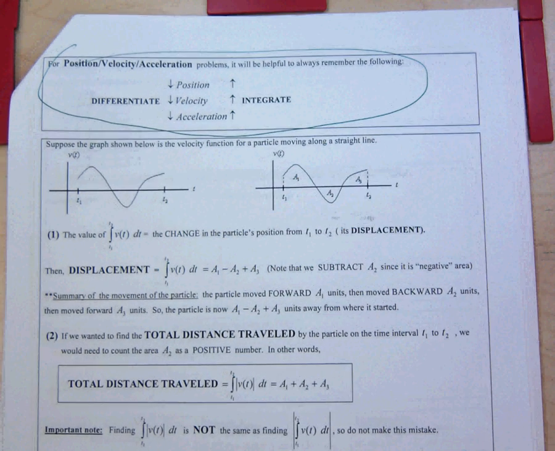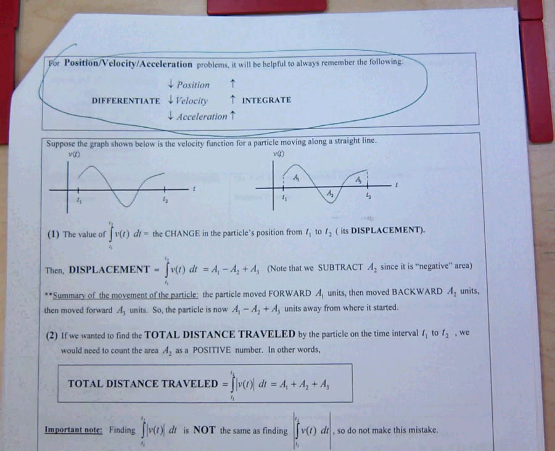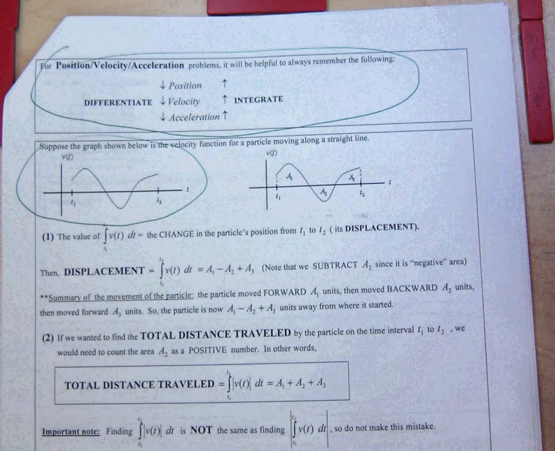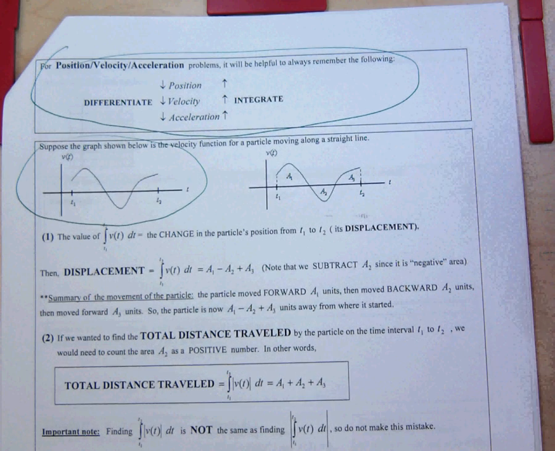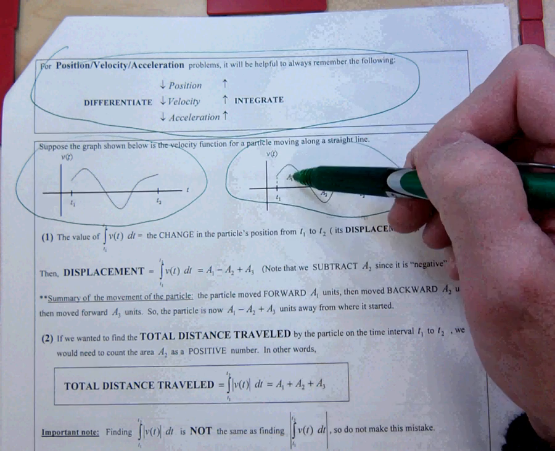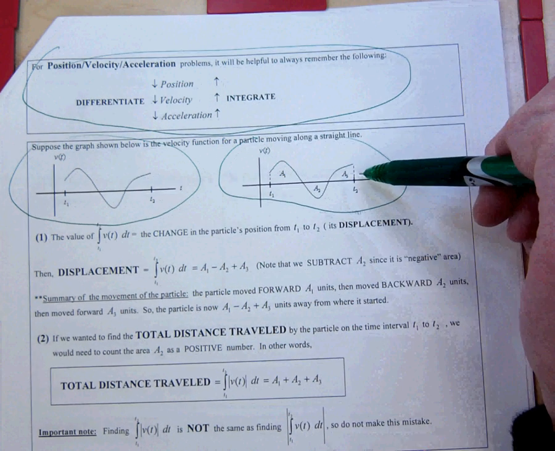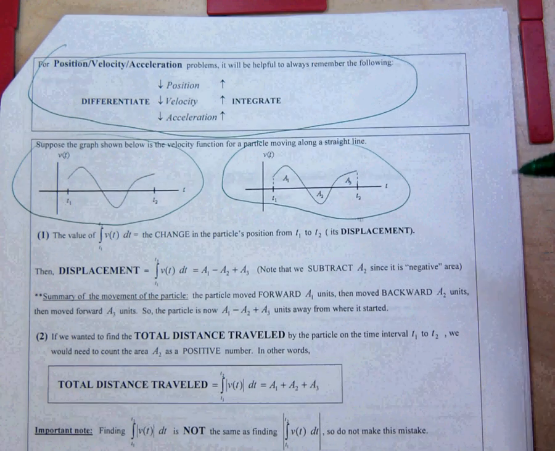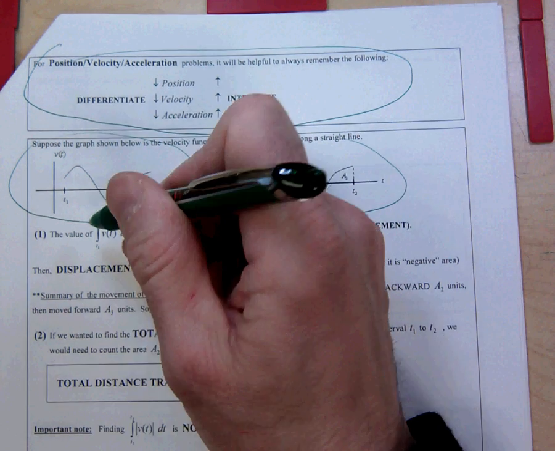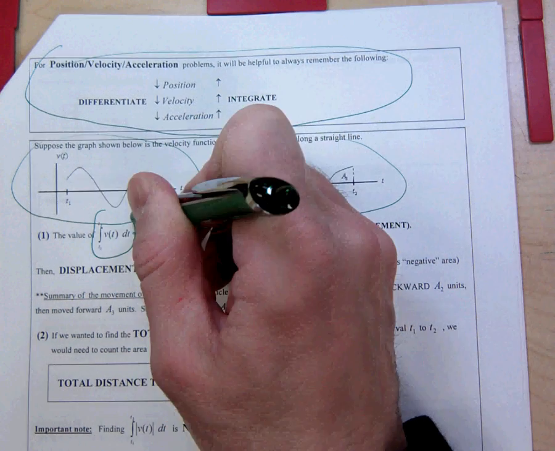Okay, so now let's look at an example. Suppose this is the velocity graph for an object moving along a straight line. What I'm going to do for a second is label the areas between the curve and the x-axis. Is that clear? Okay, now the value of this would represent what?